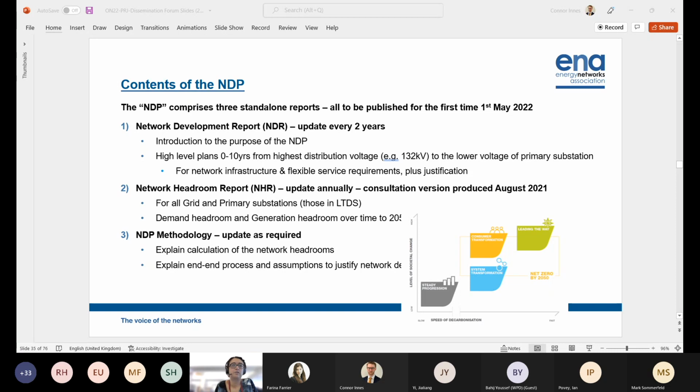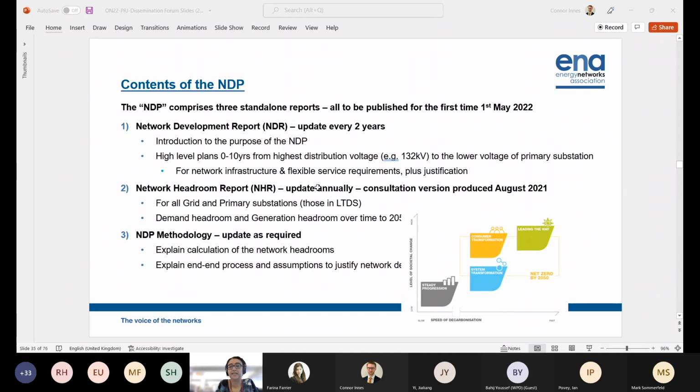The third component of the network development plan is the methodology. That will be updated as required, so it's likely to be every 2 years, but it may not necessarily be a wholesale update every 2 years, and that's explaining our approach to identifying the best view plan of interventions on the network.